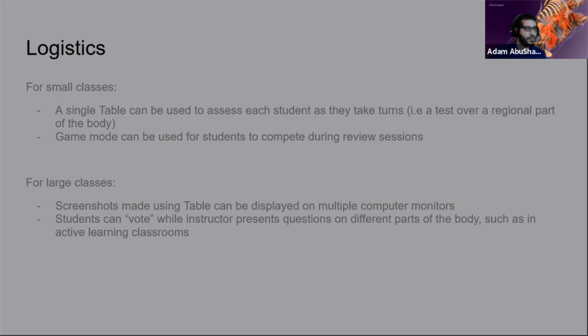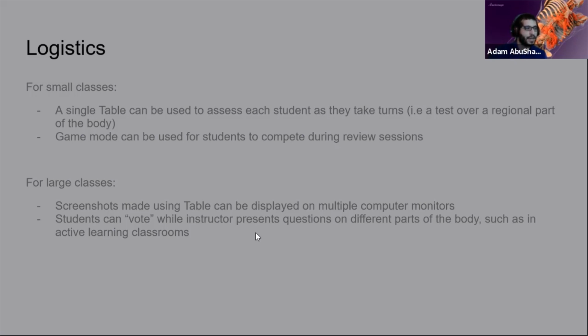You can also use game mode for students to compete during review sessions. If you have larger classes, one option is to connect the table to multiple monitors, or you can make screenshots of the table and then display those screenshots on the monitors and have the students look at the table through there.